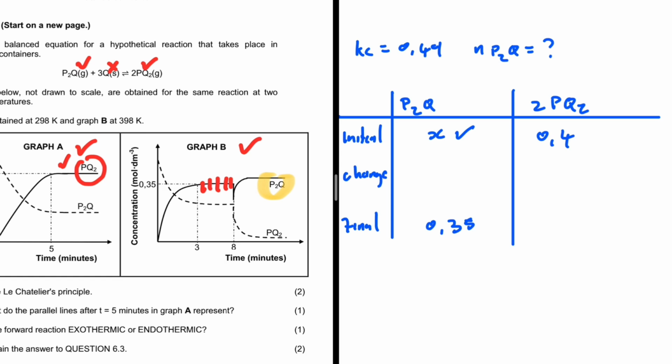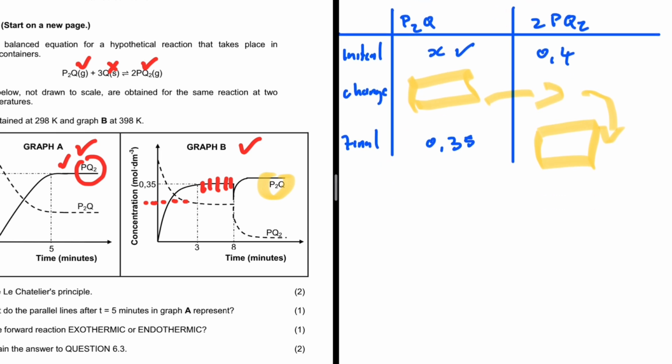Well, with PQ2, we can't actually read the value here because the graph is not drawn to scale. So we actually don't have this. But we can solve for that. How? Well, we can find the change that happened to P2Q and then use it to find the change for PQ2, right? Using the balancing coefficient and find the final concentration of PQ2. So let's go ahead and do that.